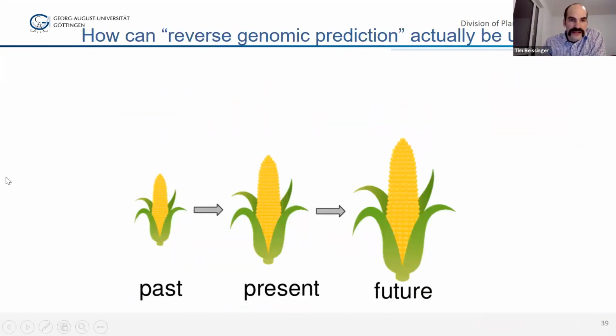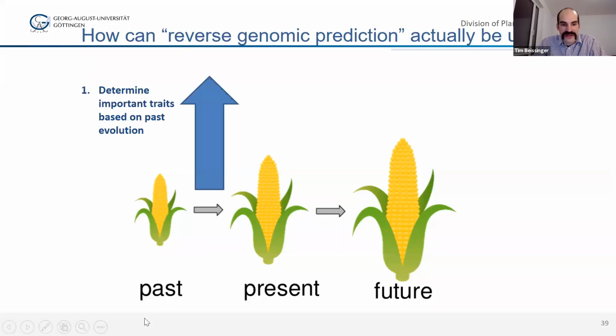With that, I want to give a final diagram as I move towards wrapping up, and I did it. 45 minutes, I was told, and I'm going to be right on time, which was my goal. So wrapping up, the question is, how can we really use reverse genomic prediction? I've spent a lot of today talking about it. I started by saying, look, we can do genomic prediction, but the past is important too.